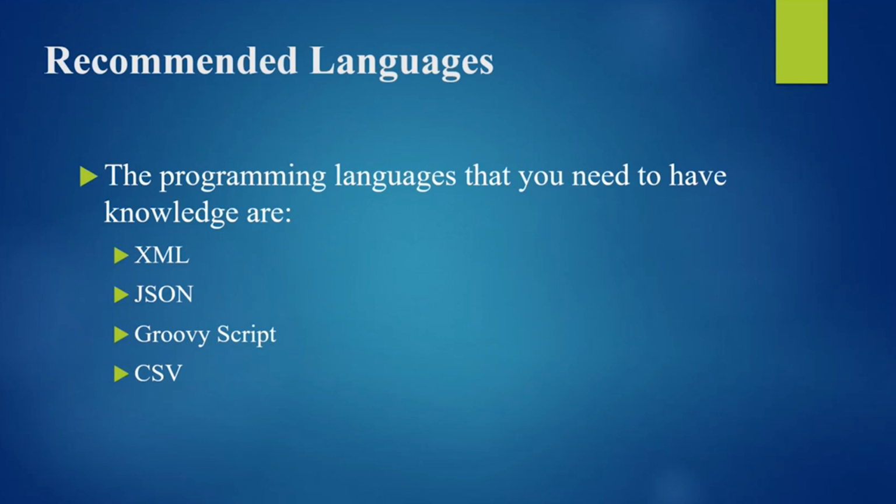Now comes the recommended languages. We can pass them as languages as well, but some of these are also data formats that I'll be explaining in a bit. Basically, we mostly use XML. XML is the most frequently used language for us because XML is very easy, and at the same time we have different converters in XML.